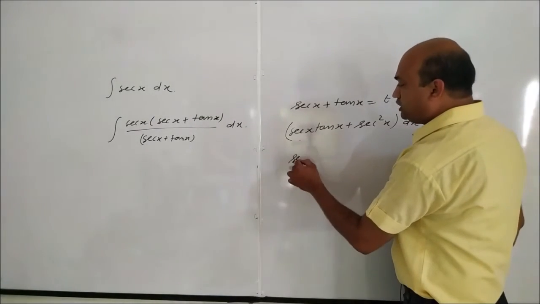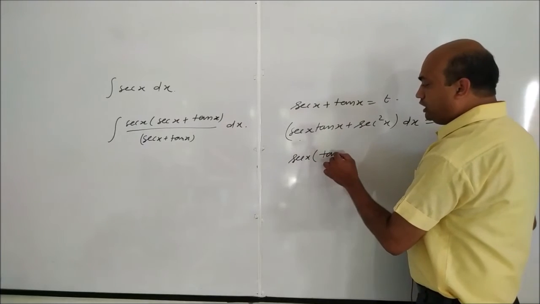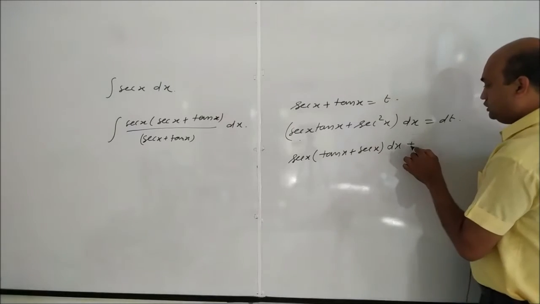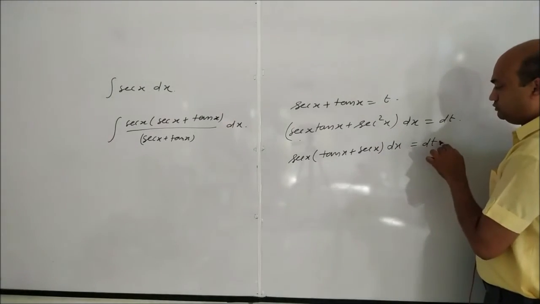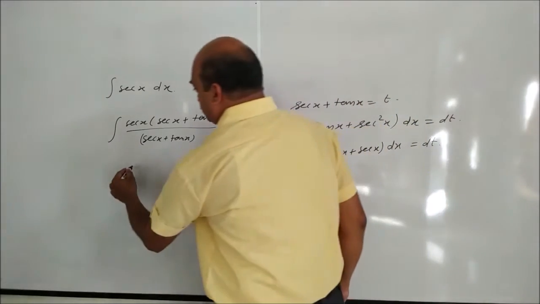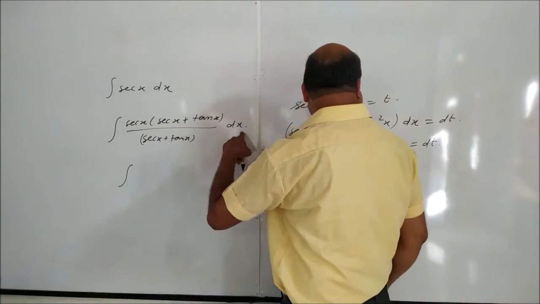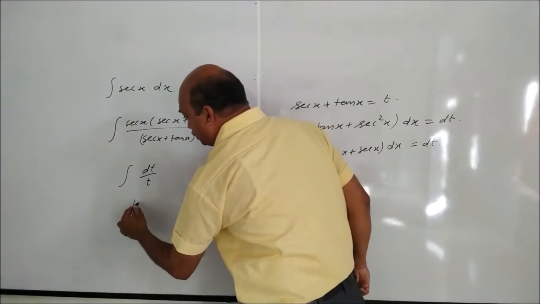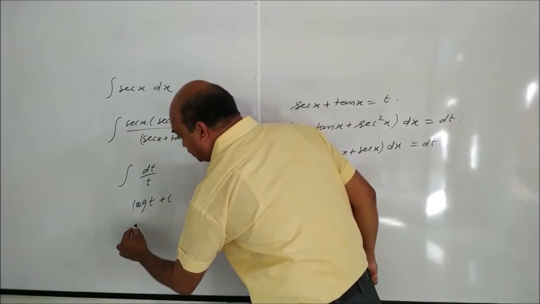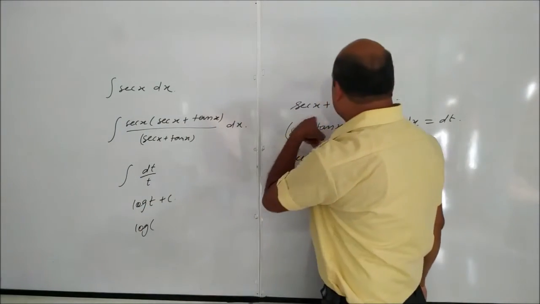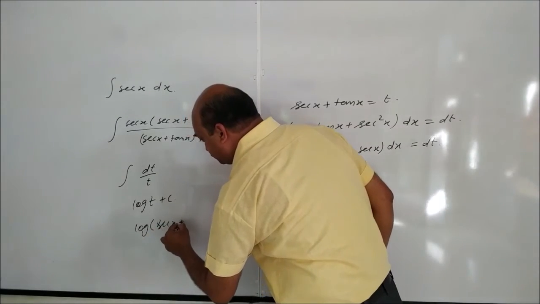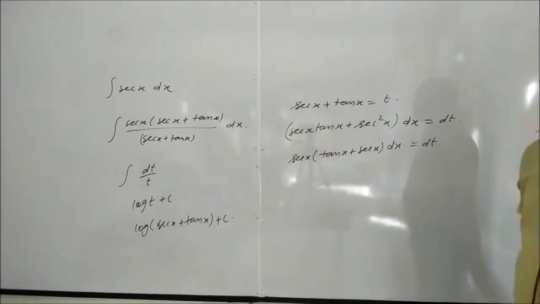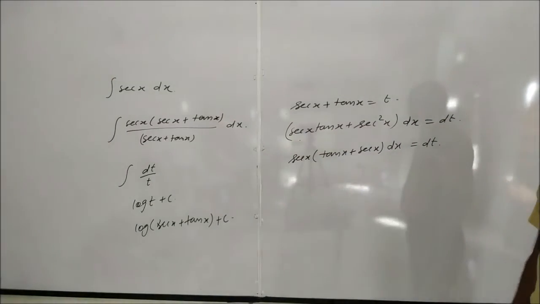From this two, sec x we take common. So we will get here sec x times tan x plus sec x dx is equal to dt. So you can see this sec x into sec x plus tan x dx, it will become dt and this is t. That will be log t plus c. And you see t. What is t? Sec x plus tan x. So integration of sec x will be log sec x plus tan x.